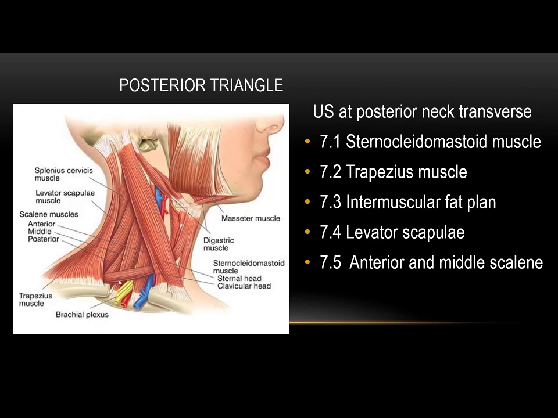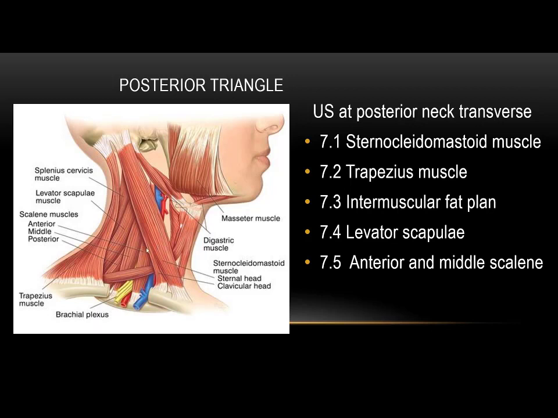If you look at this picture, you'll see the sternocleidomastoid is more anterior, and more posterior is the trapezius muscle, and these muscles are more superficial. The edges of these two muscles are the landmarks or boundary of this triangle.